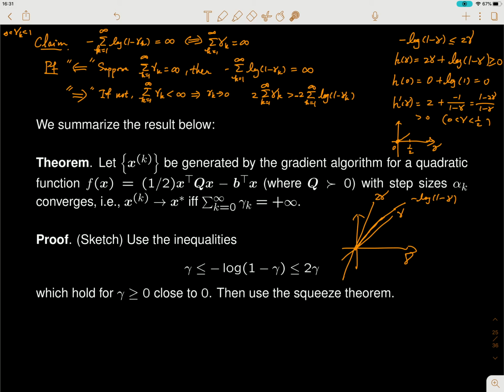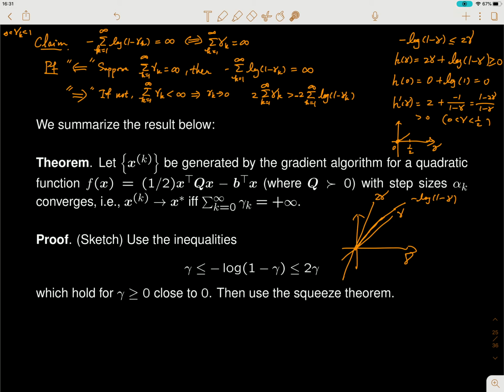But on the left hand side, even if you take the partial sum from capital K to infinity, this should blow up. And that is a contradiction to our hypothesis here. And that's why this cannot really happen. The infinite sum here must be infinity.